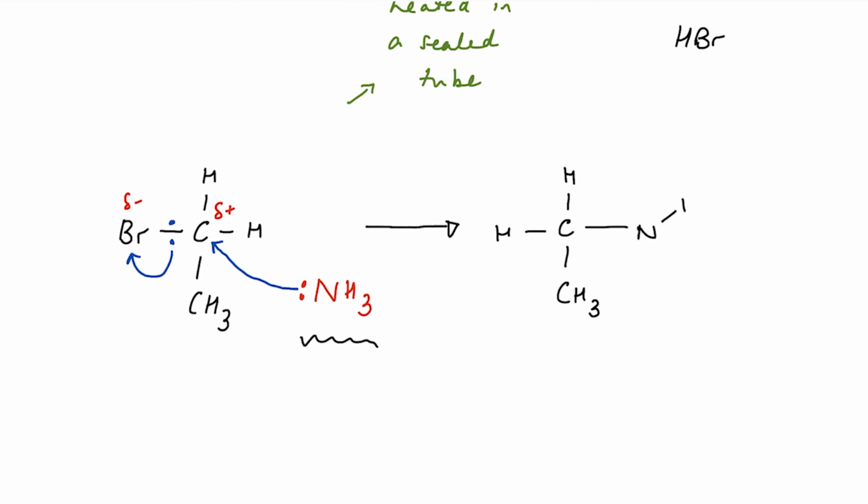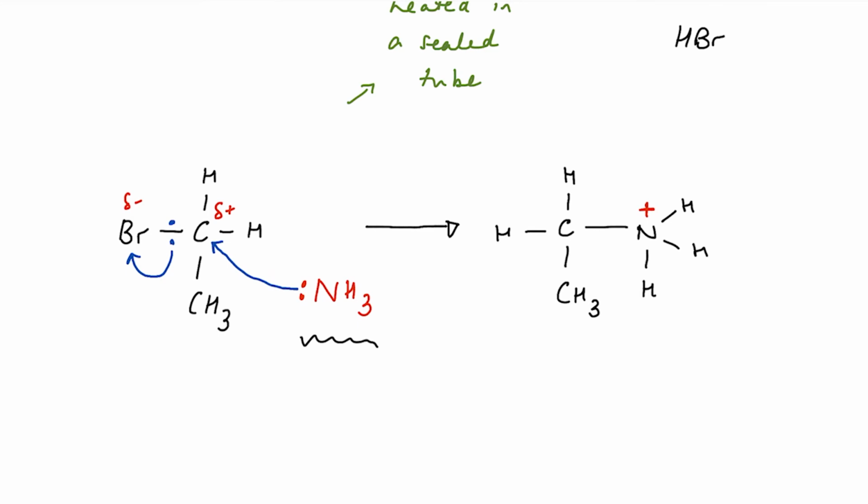And remember, this was ammonia. It's still got 3 hydrogens bonded to it, which means that the nitrogen is positively charged. It's lost its lone pair of electrons. It has an extra bond. It would like its lone pair of electrons back.